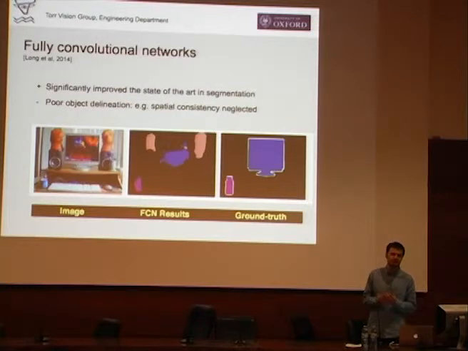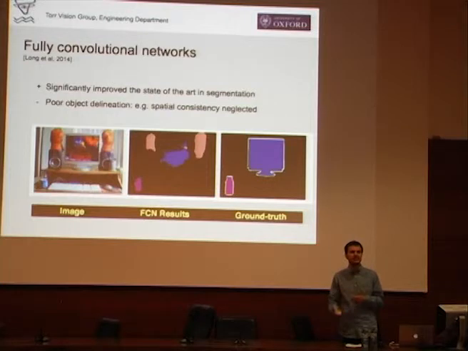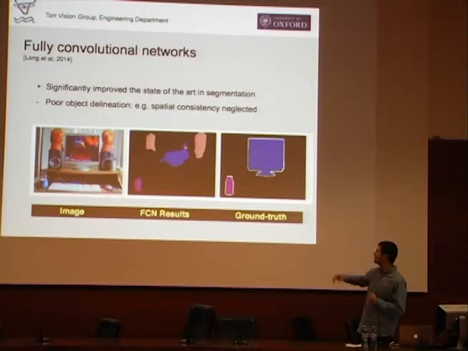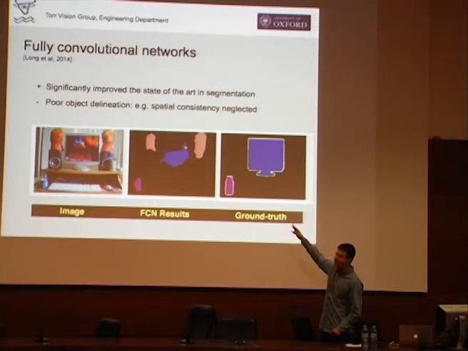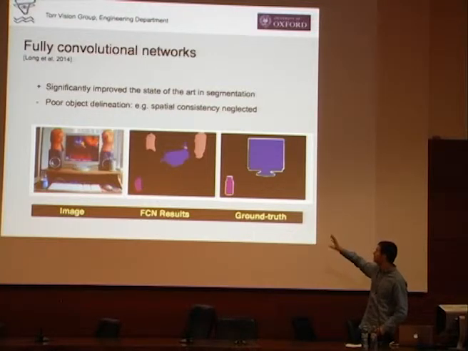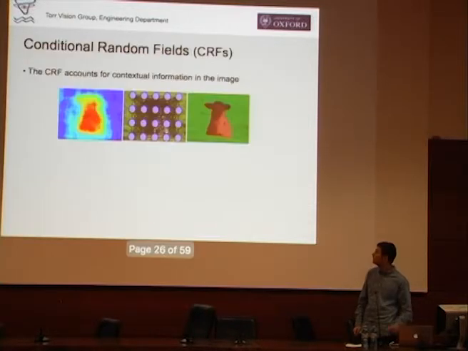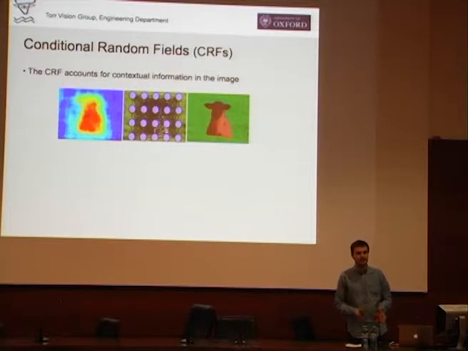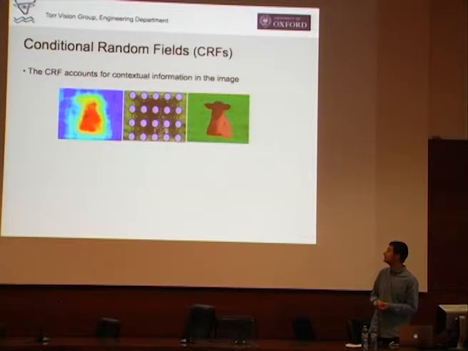But one aspect that we saw is that the predictions it gets are quite poorly aligned. The definition of objects is not quite there. So, for example, these are some of the results. You see the shape of what is being predicted, but you cannot see what is going on. So we wanted to work on this particular aspect, and what we did was to study using conditional random fields.